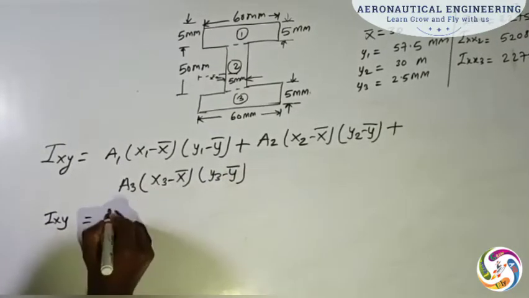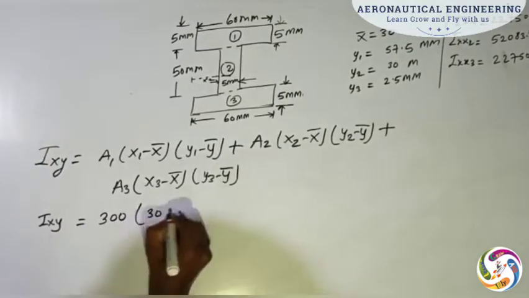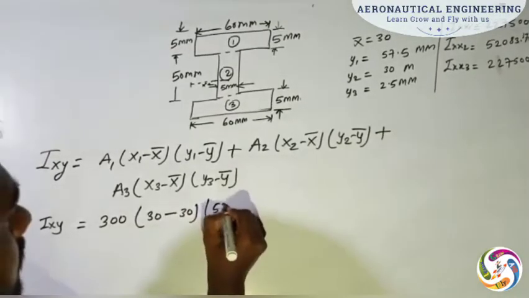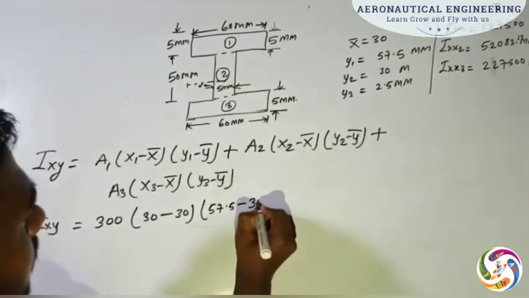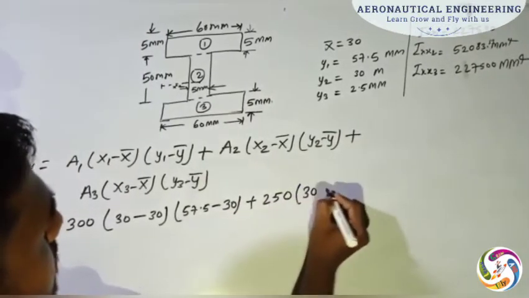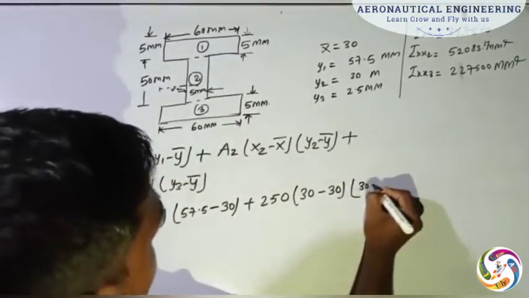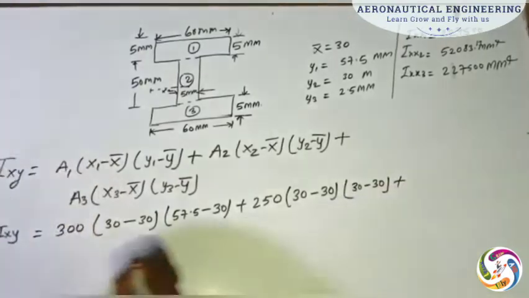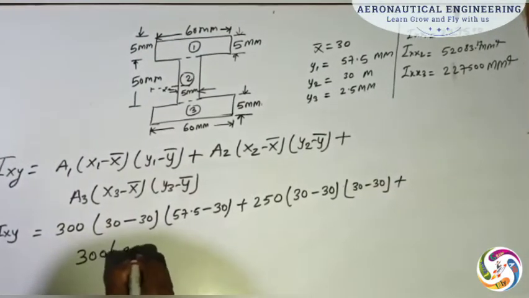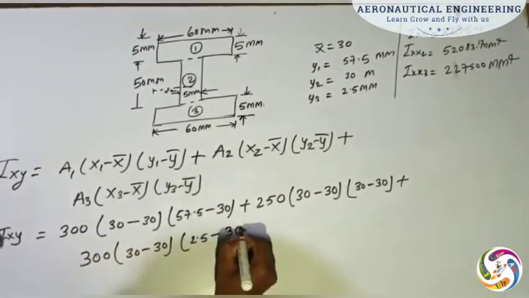For Ixy, A1 value is 300, x1 value is 30, x bar value is 30, y1 value is 57.5, y bar value is 30, A2 value is 250, x2 value is 30, x bar value is 30, y2 value is 30, y bar value is 30, plus A3 value is 300, x3 value is 30, y3 value is 2.5 and y bar value is 30.